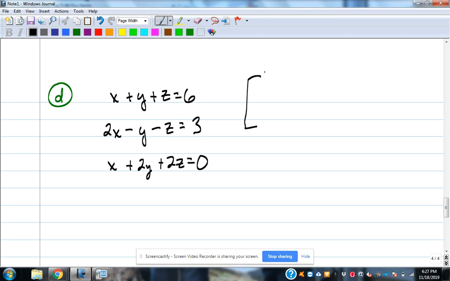systems. All right, so 1, 1, 1, 6. 2, -1, -1, 3, 1, 2, 2, 0. That's my matrix that I'm putting in, 3 by 4.